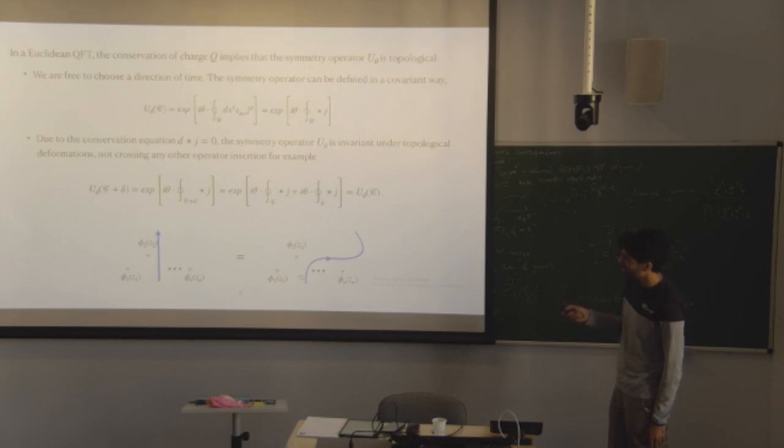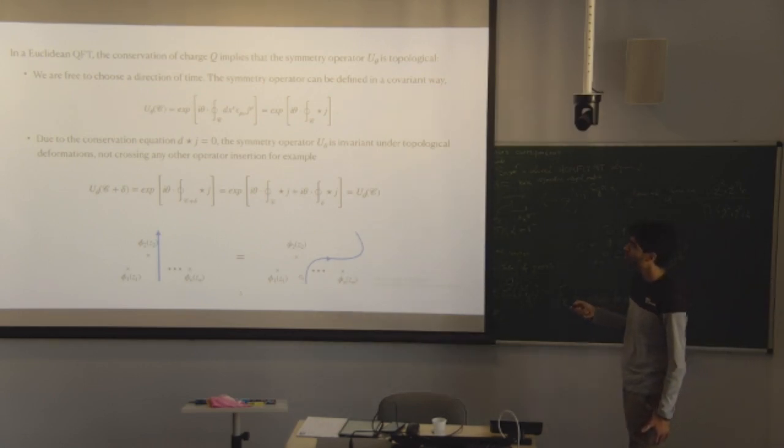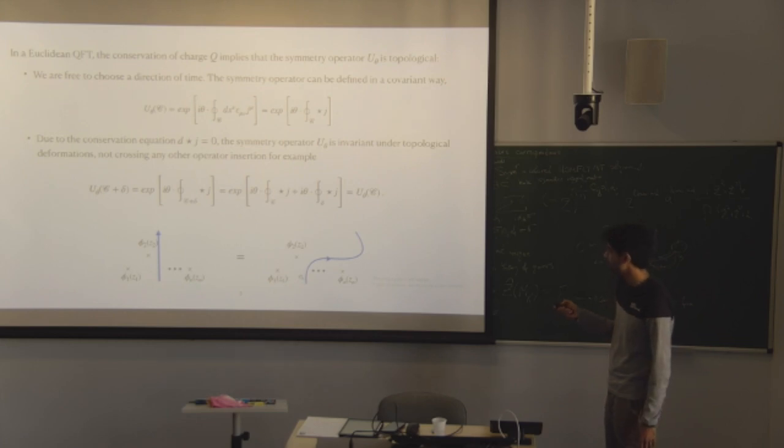If you deform the contour C with some small deformation δ, which is some area of a two-dimensional surface, then you expand this and see that it can be written as the integral of d star J over some manifold M, of which δ is the boundary. Then U(θ) on C plus δ is just U(θ) on C. So you can deform the contour along which we are integrating, and that's why U(θ) is a topological operator. That's the physical motivation for defining topological operators in 2D CFT.